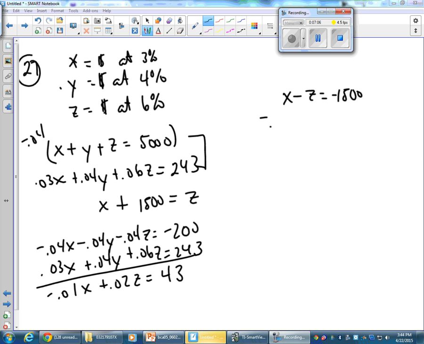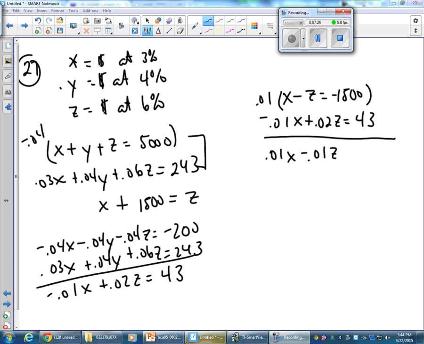So now I'm going to put that up here, just like it's written, and decide whether I want to cancel the x's or the z's. It doesn't really matter, I guess I could cancel the x's. Multiply by 0.01. 0.01x minus 0.01z equals 1,500 times 0.01 is 15.